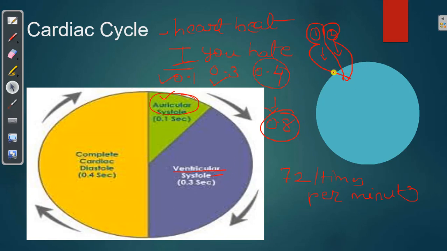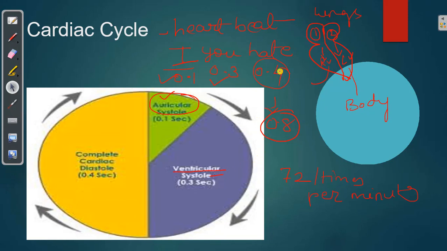Ventricular systole means contraction, and when they contract, the blood from the right ventricle will go to the lungs and the blood from the left ventricle will go to all parts of your body. So during auricular systole, the blood comes to the ventricle. During ventricular systole, the blood goes to the lungs and all parts of your body.